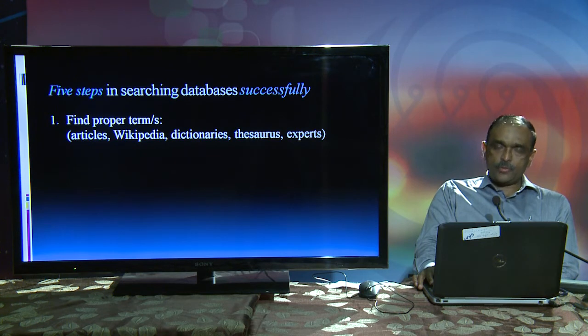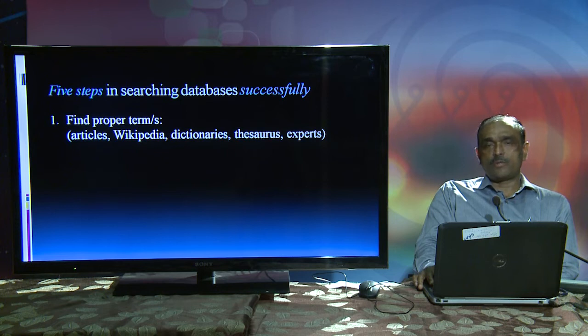You can also use Wikipedia. Any entry in Wikipedia, however small it may be, has at least about 10, 20 or even more hyperlinked terms. All these hyperlinked terms basically cover different facets or aspects of the given subject area.